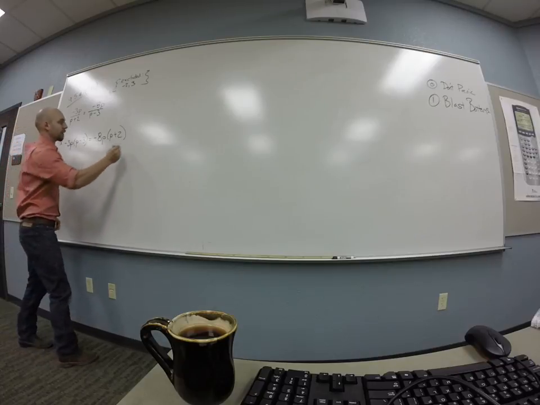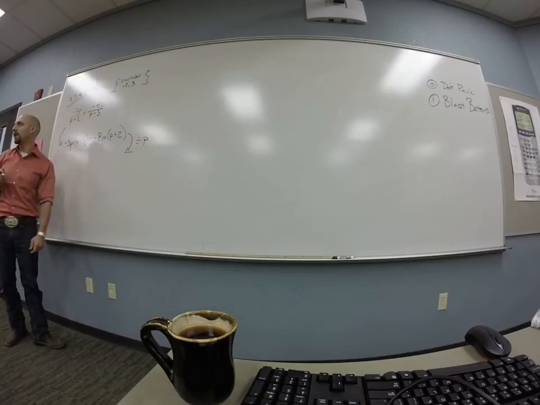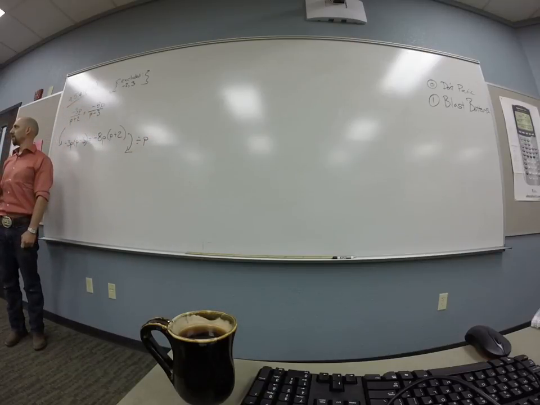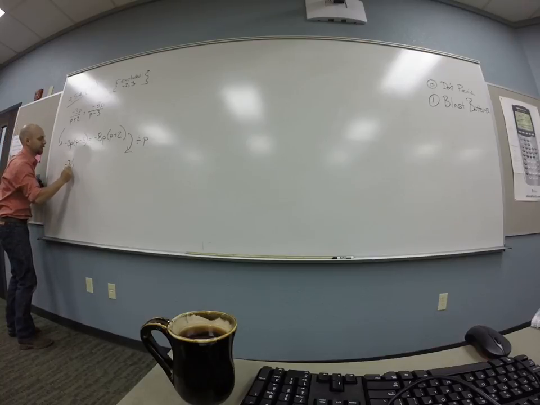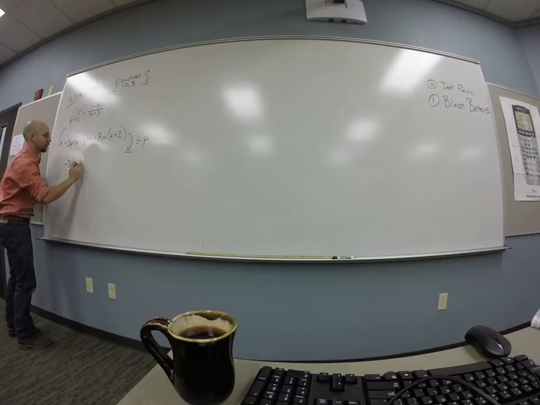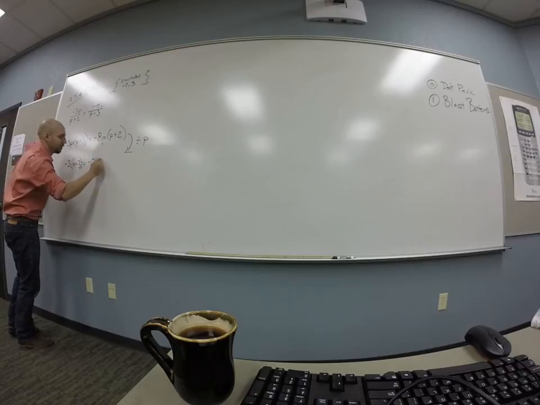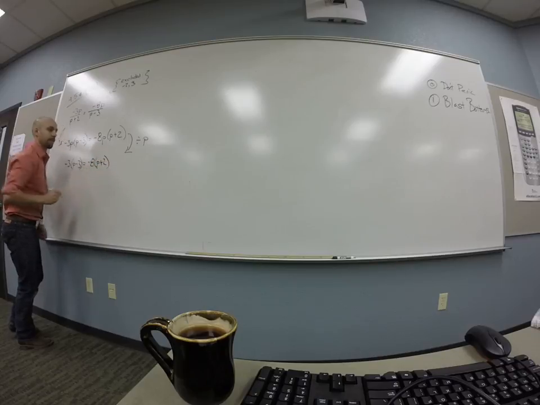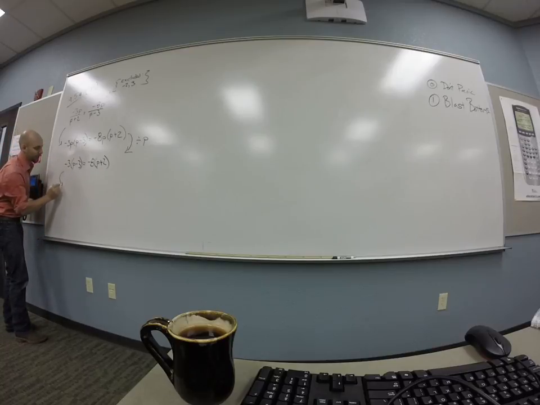So if I divide both sides by p, then I'll end up with minus 3 times p minus 3 equals minus 8 times p plus 2. We just did this one, right? We multiply this out, we get p is -5.